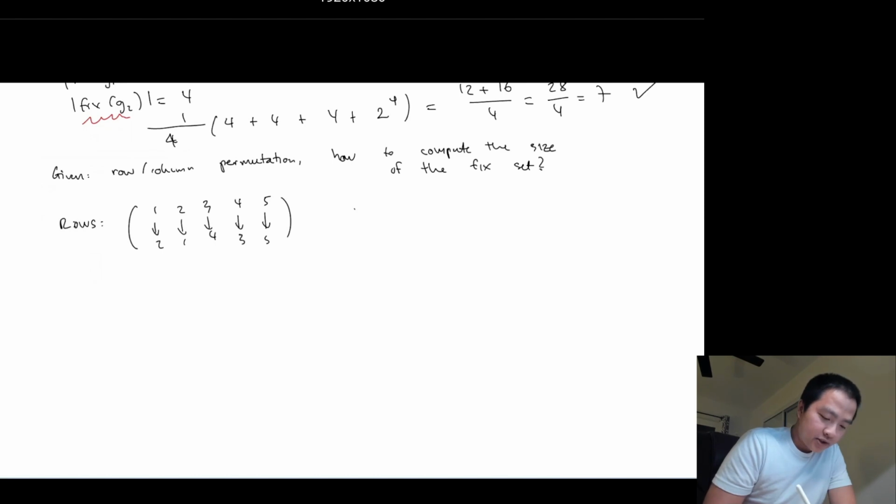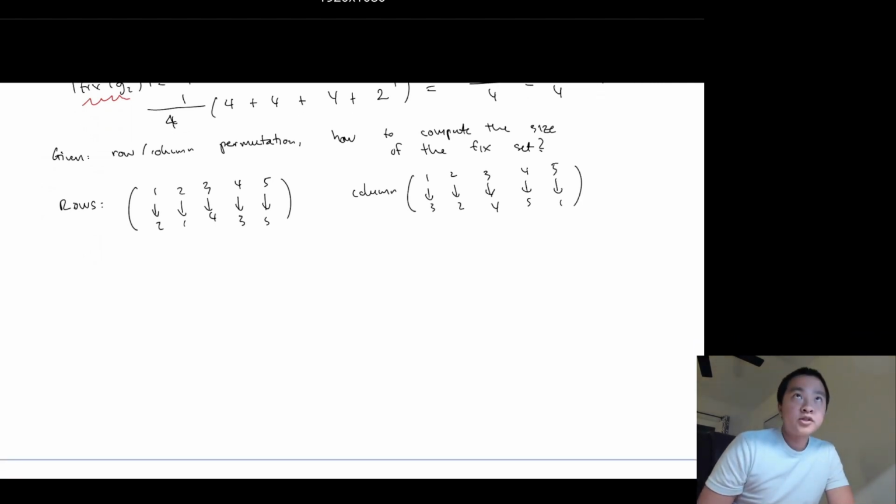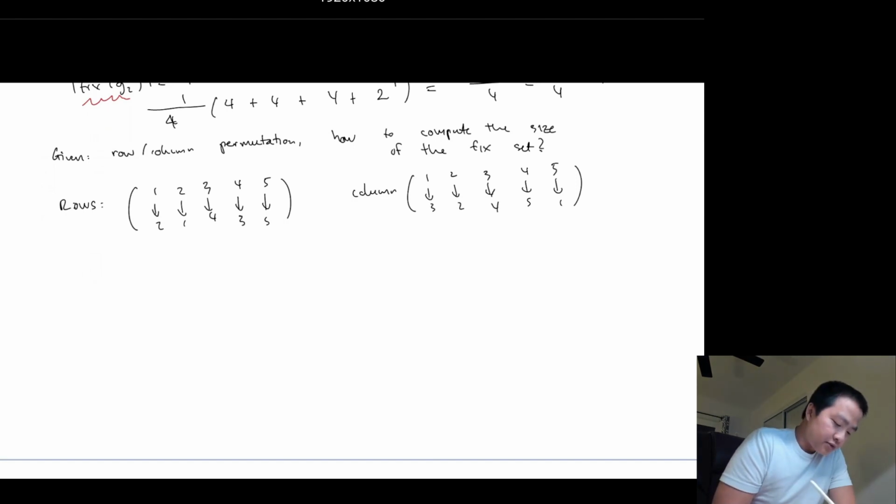And for columns, we have the following permutation: 1 to 3, 2 to 2, 3 to 4, 4 to 5, and 5 to 1. Let's rewrite this in cycle notation.